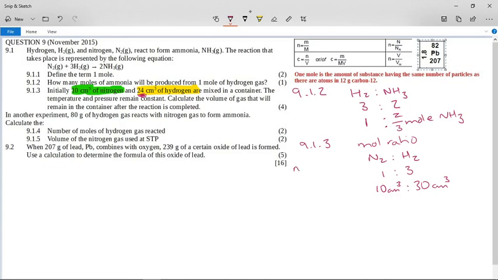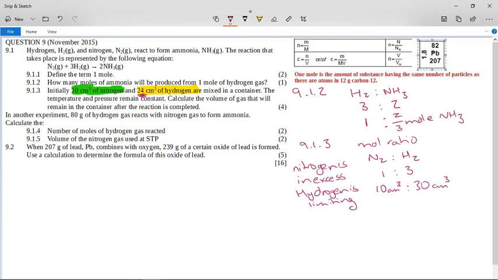So if there's too much nitrogen, we say nitrogen is in excess, okay? So if nitrogen is in excess, we call the hydrogen the limiting reagent, okay? So now what is controlling this reaction? The hydrogen is controlling this reaction, because the moment all the hydrogen is used up, the extra nitrogen is just going to sit there.